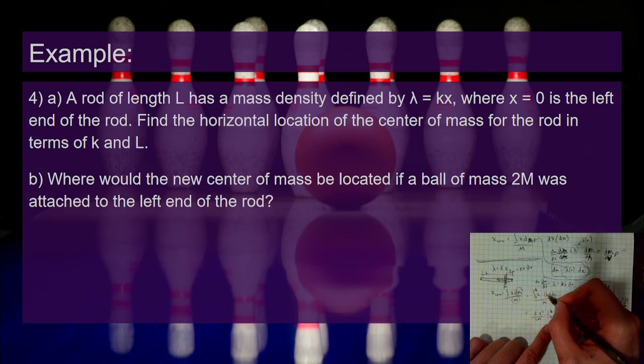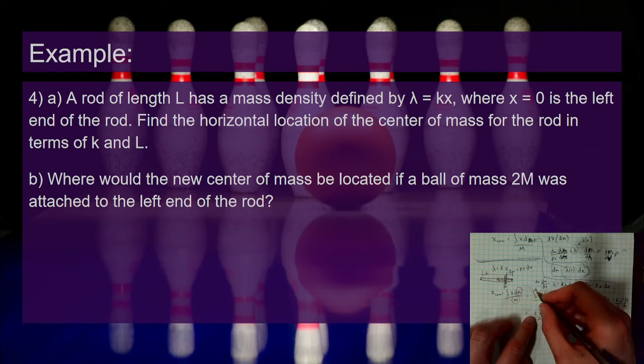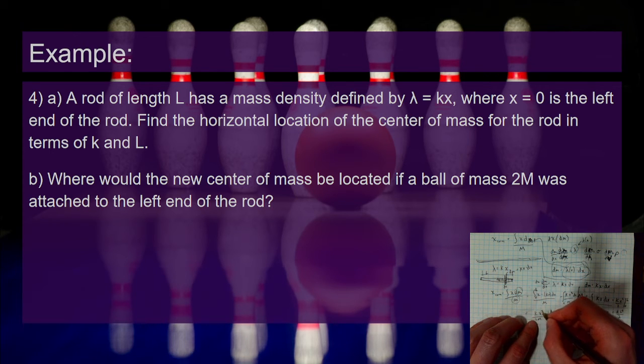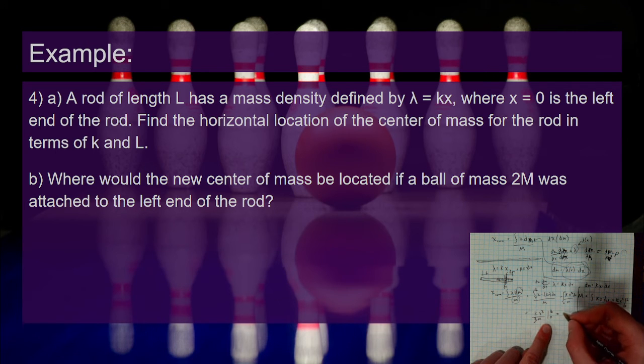This is an x times x, which is x squared. I need to integrate x squared. I should just have written this out. So we'll get kx squared divided by m, and we're evaluating that from 0 to L. So this is x to the third over 3. I thought that was going to cancel out in a way that it shouldn't have.